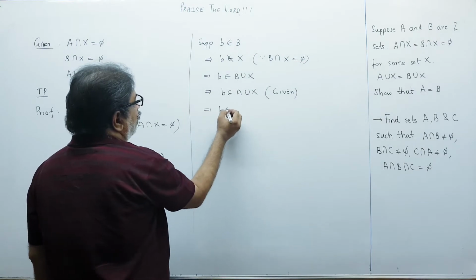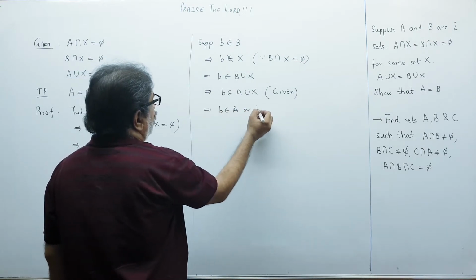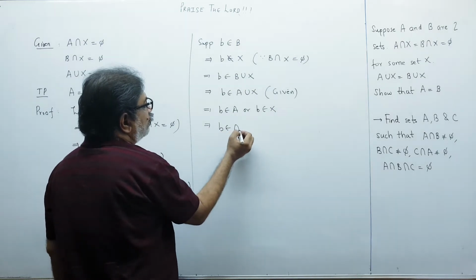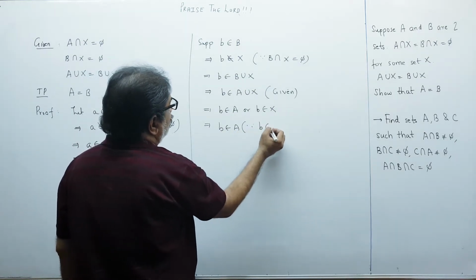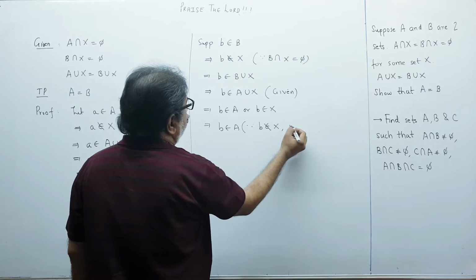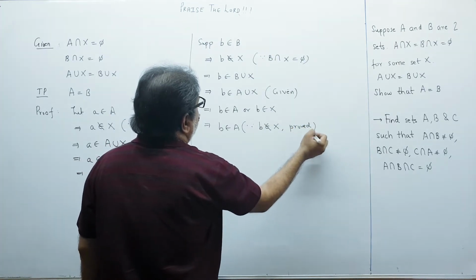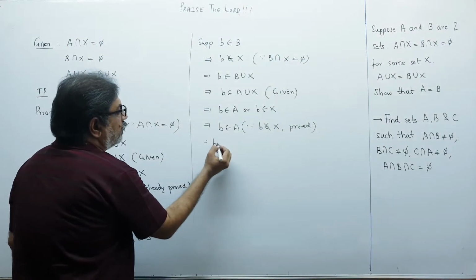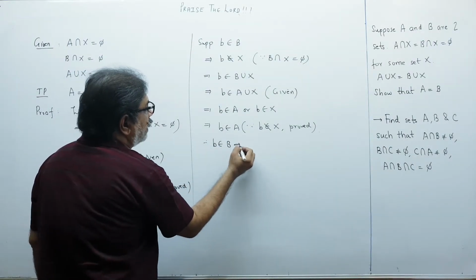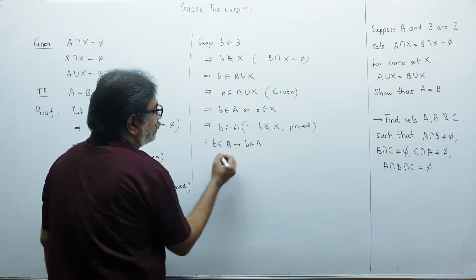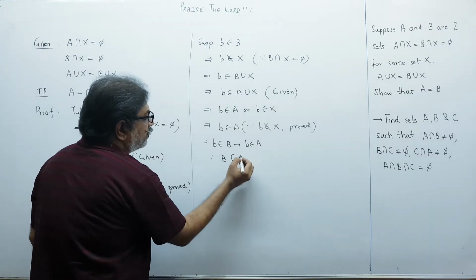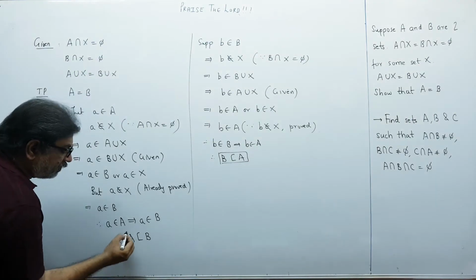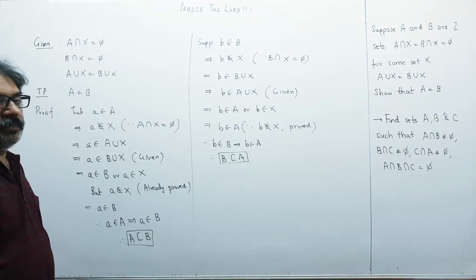So that means b belongs to A or b belongs to X. That means b only belongs to A because b does not belong to X. We have proved over here b does not belong to X. Therefore, b belongs to B has proved b belongs to A. Therefore, B subset of A. So B subset A and A subset B. From these two we get A equal to B. Like this.